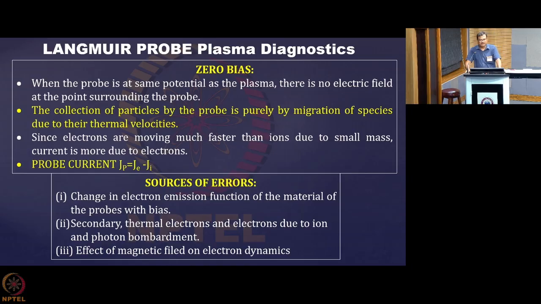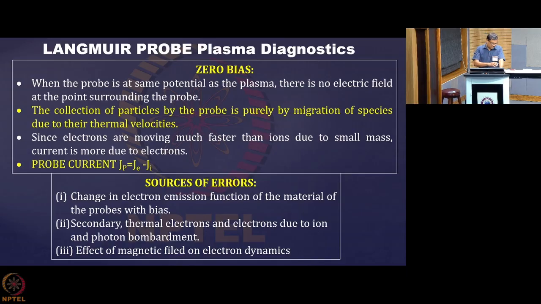It depends on the kind of situation that has arisen, but these are the influencing agents. They are the magnetic field, the secondary electrons, emissions due to ion and photon bombardment, and the change in electron emission function as a function of the bias, of the probe material actually.